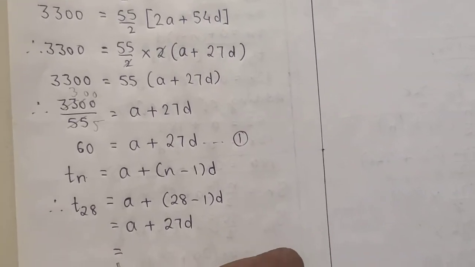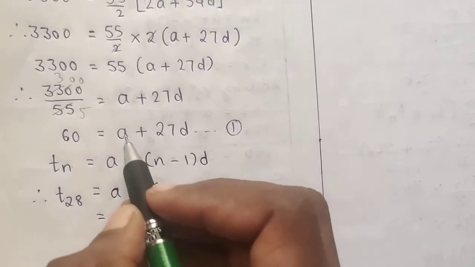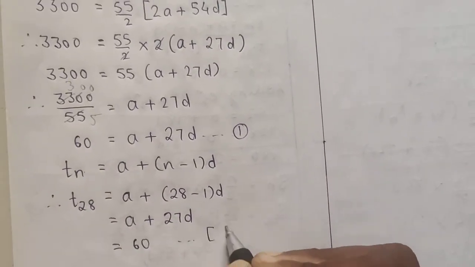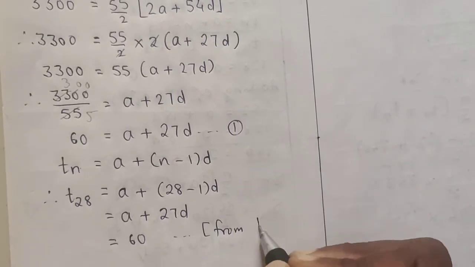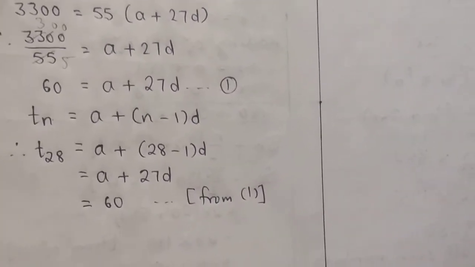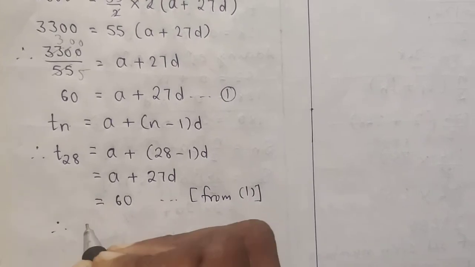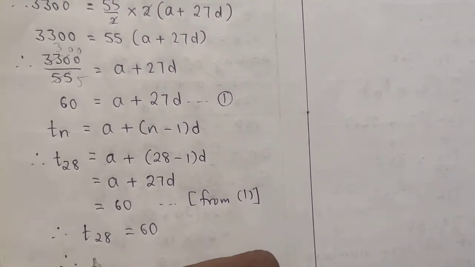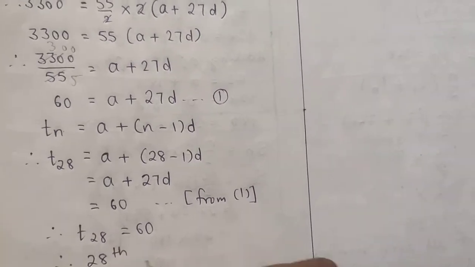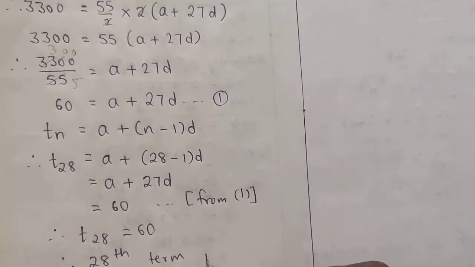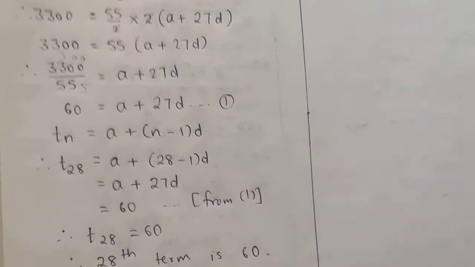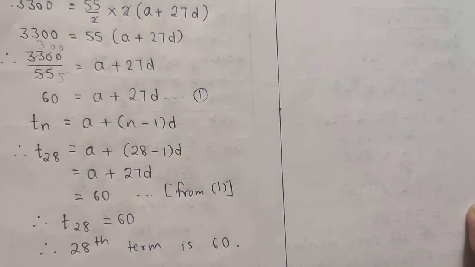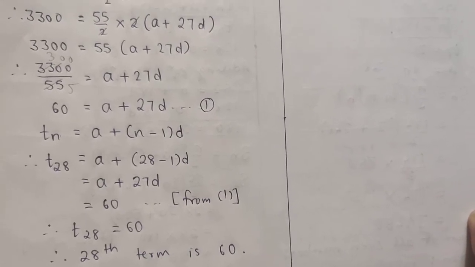So here a plus 27d, and what is the value of a plus 27d? 60. We got this from the first equation, right? So finally we got T28 equals 60. So we can write our final answer: the 28th term is 60.